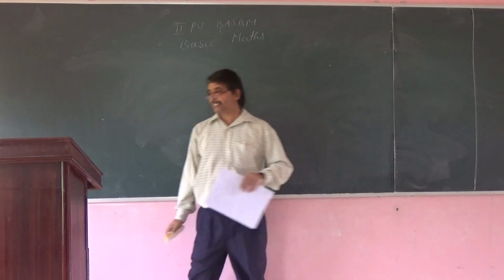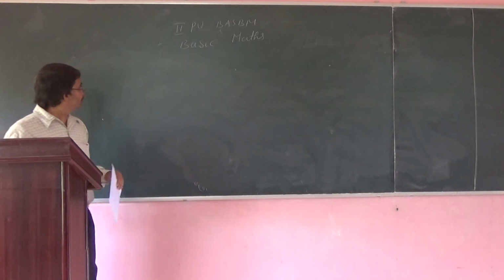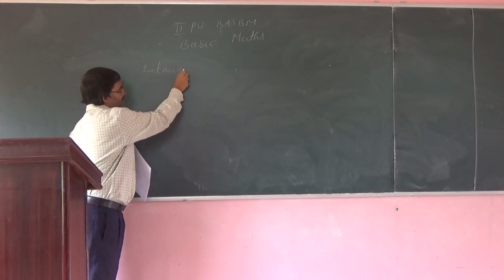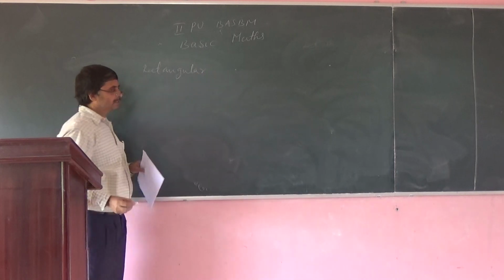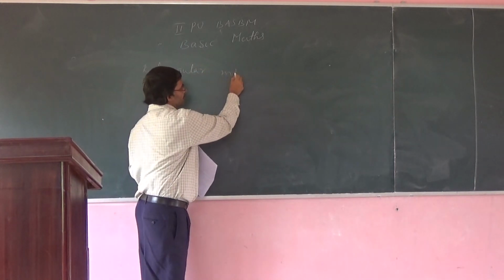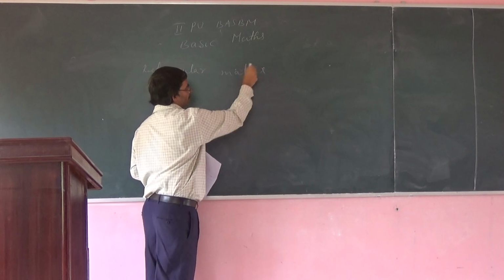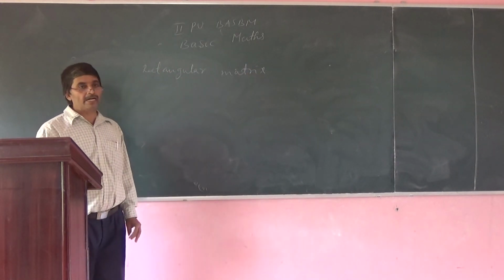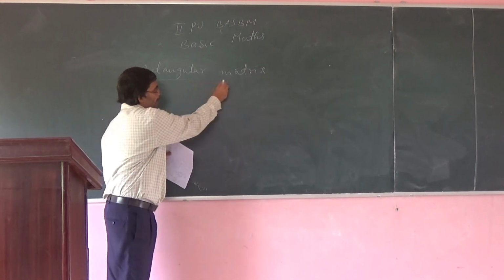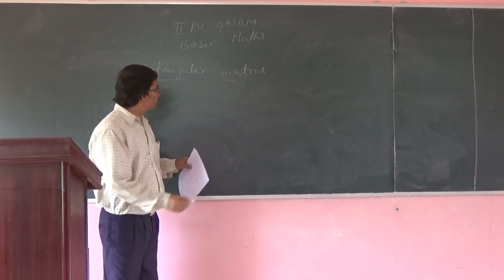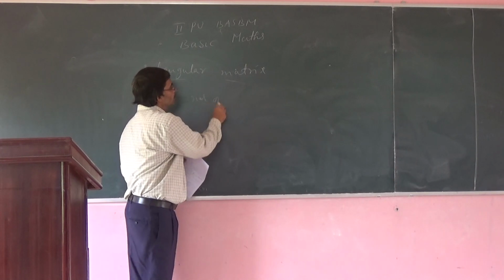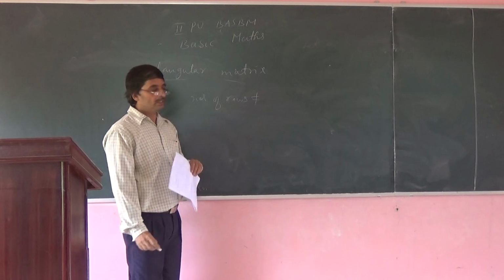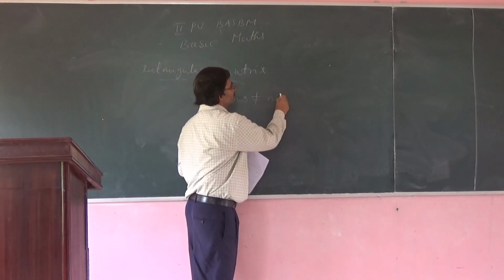Next, rectangular matrix. A matrix is said to be a rectangular matrix if the number of rows is not equal to the number of columns.